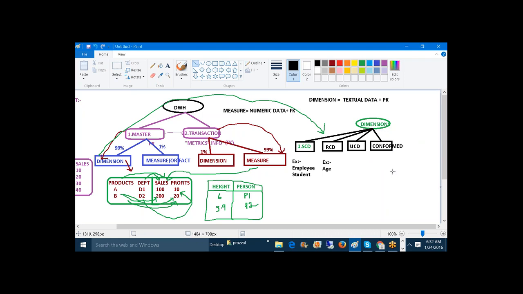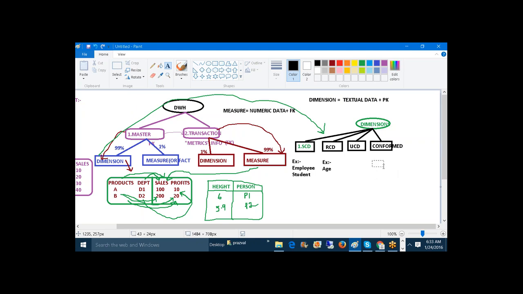If one dimension is commonly shared between the multiple business segments, then such a kind of dimension is known as conformal dimension.